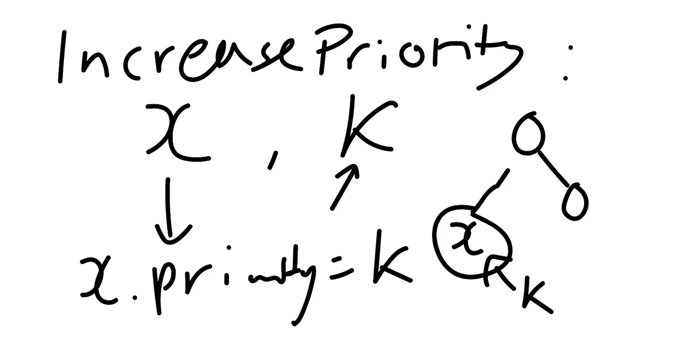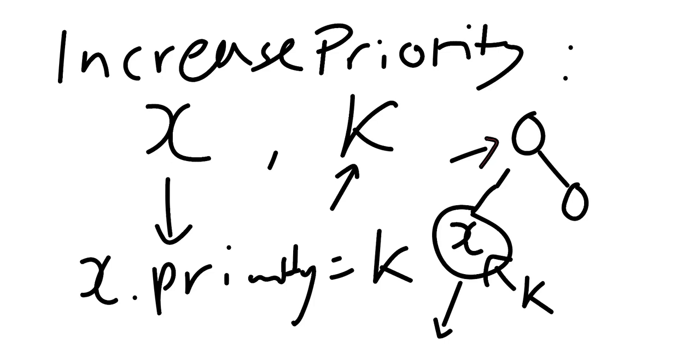So depending on whether the priority is greater than its parent's or maybe less than its children's, it'll either have to bubble up or bubble down. But we know how to do that. We just swap all the way up or all the way down, and that's how we get to where we want to be. So it's not too hard. We've seen it before, and I guess we have an intuition now about how to do it.